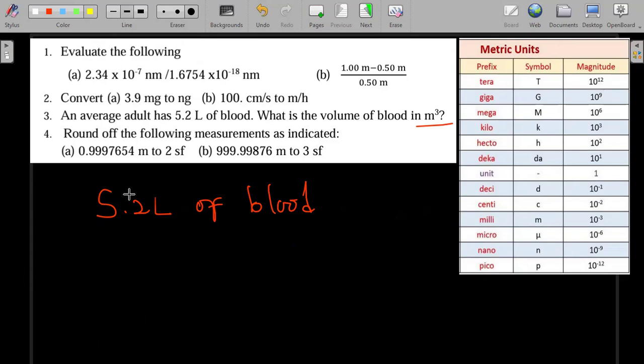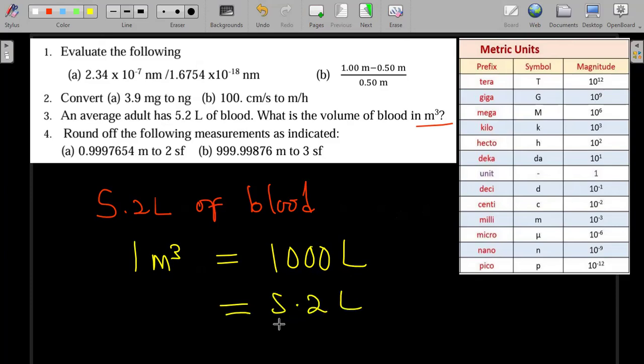The conversion factor says that 1 cubic meter is the same as 1,000 liters, like this. So here now I have 5.2 liters. How many cubic meters am I going to have there?